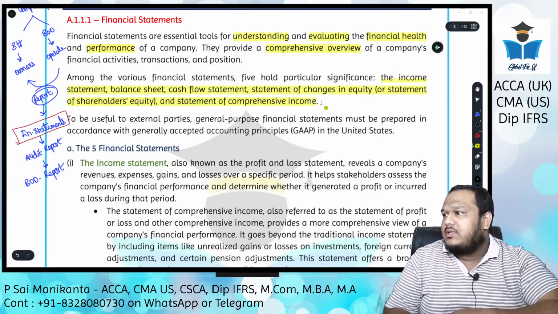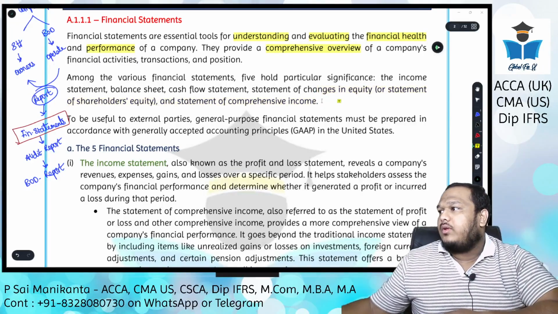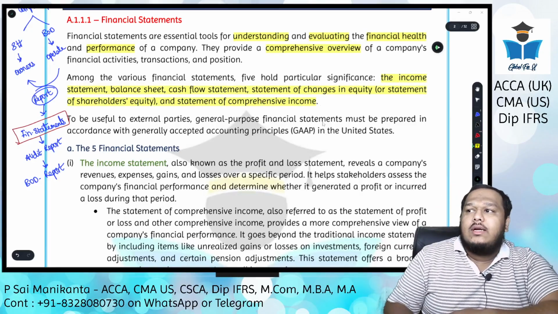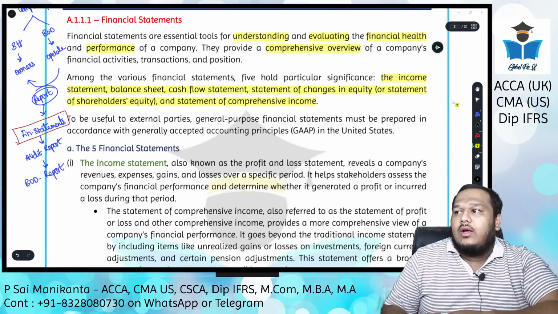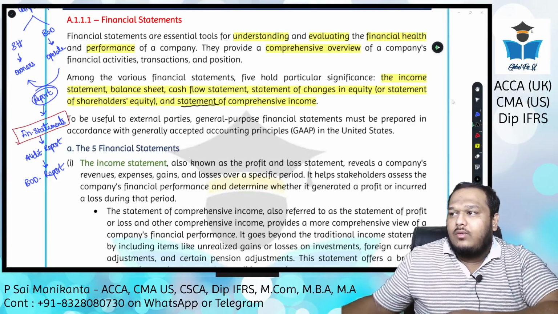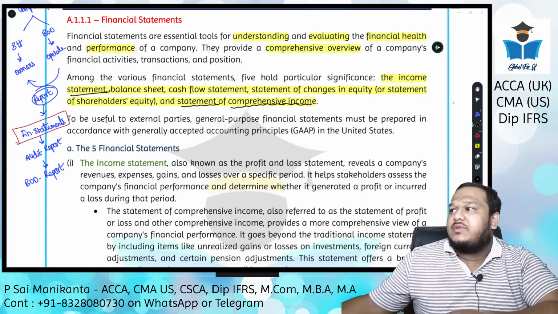Actually, did I make a mistake there? All right. This statement of comprehensive income is an extension of the income statement.